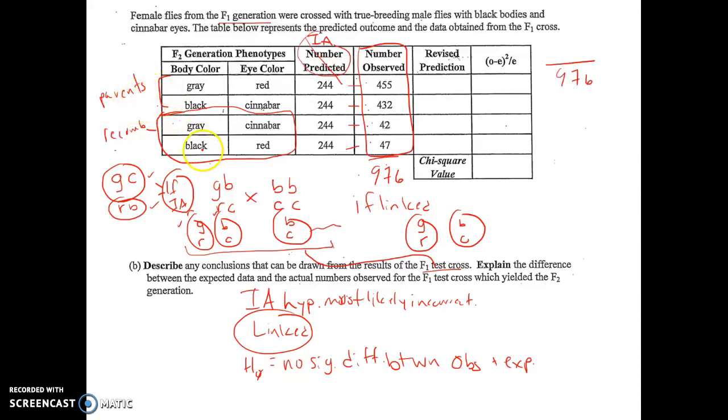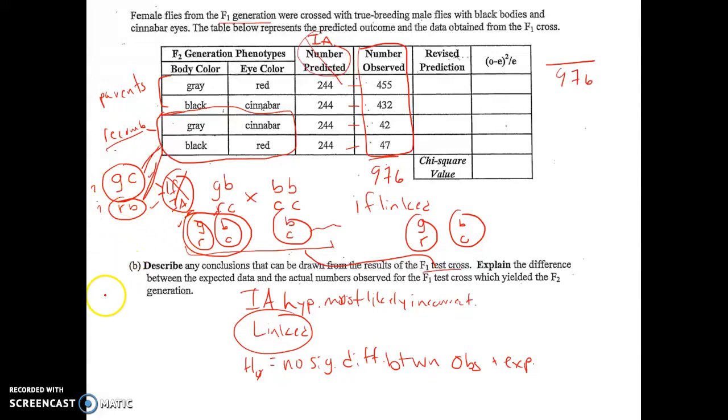In order to get these recombinant offspring, I had to get these gametes being formed. But remember that the only reason I got these gametes was if there was independent assortment happening, but we said that was not true, and since there was linkage, you're going to get these primarily. So how do I get these?